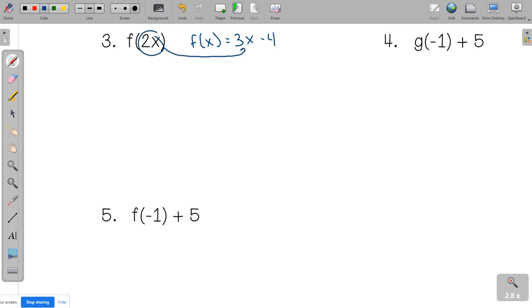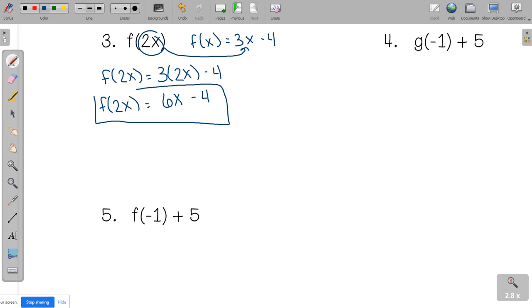So let's solve that. f of 2x equals 3, instead of x we have 2x, minus 4. And we just simplify. 3 times 2x, 3 times 2 is 6, but we're multiplying with the x. Bring down minus 4. We cannot simplify this any further because we just have an x. So we just bring down our function, f of 2x equals 6x minus 4.